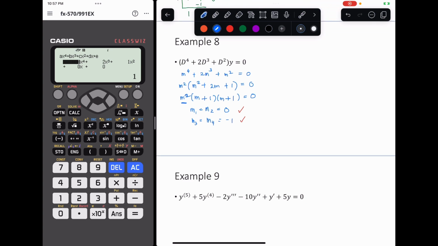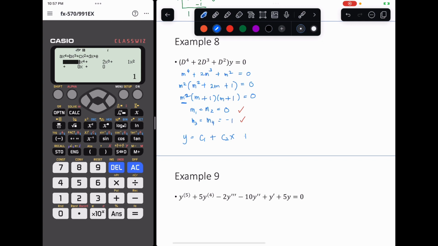So therefore, I could write my answer. C1, supposedly that would be e raised to 0x. e raised to 0 is 1. So that would just be C1. Then plus, since this is repeated, I'm going to attach x, and then e raised to 0, which is 1. And then the last one is -1, which is also a repeated root.